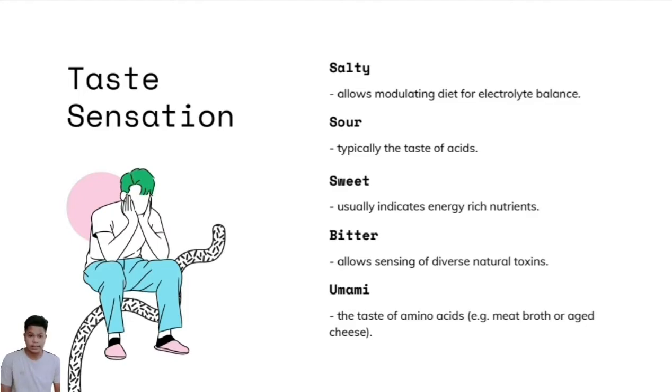The sweet taste is the sensitivity of taste cells to the presence of glucose dissolved in our saliva. Molecules that are similar in structure to glucose will have a similar effect on the sensation of sweetness.